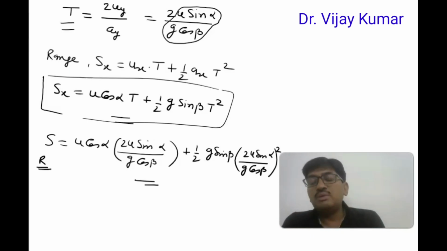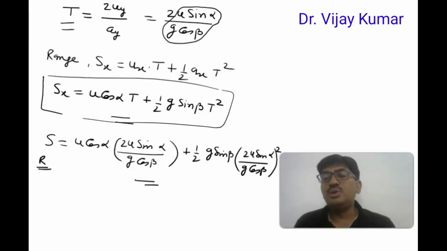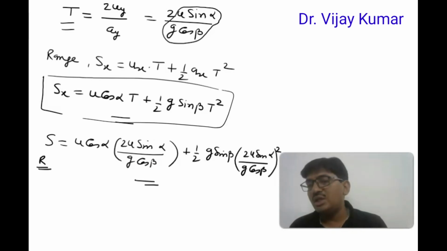So all the cases of projectile motion we have discussed in this video, and the practice problems we will do in the next video. In this video we have discussed projectile motion on a horizontal plane, projectile motion from a height above the surface, projectile motion on an inclined plane when the object is projected in the upward direction, and when it is projected in the downward direction.